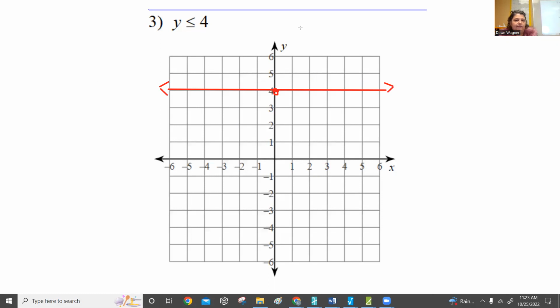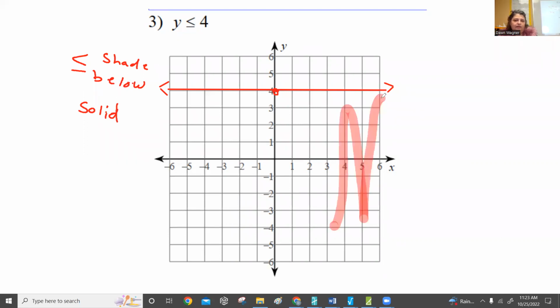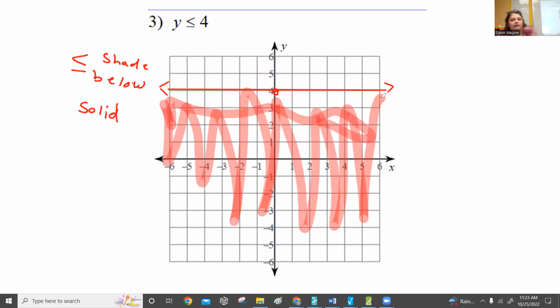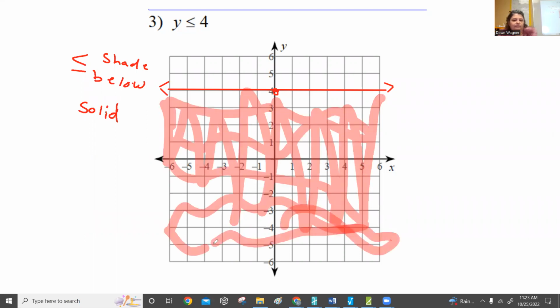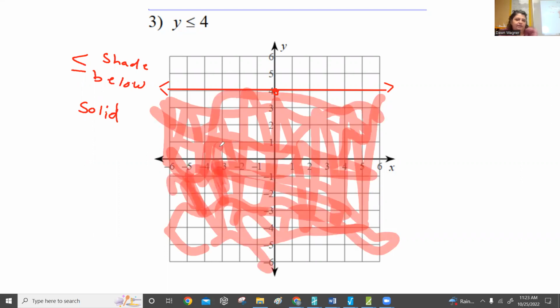Less than means I shade below. The line under the inequality makes it solid. So solid line, now I'm going to shade below.